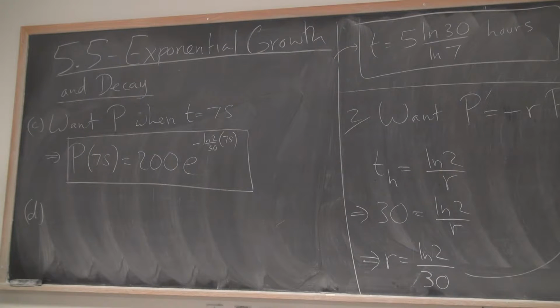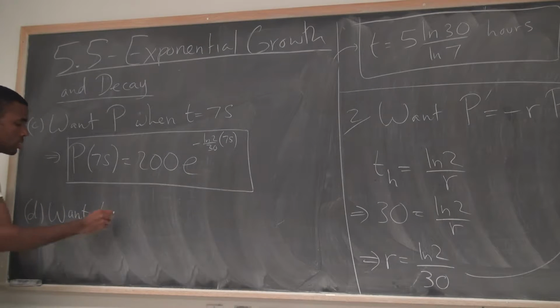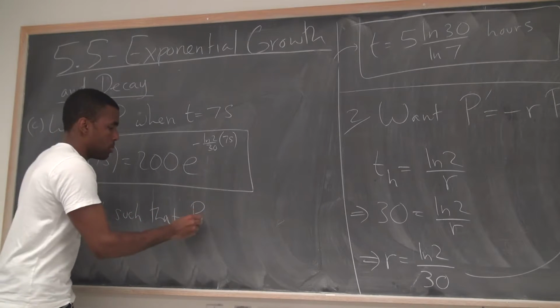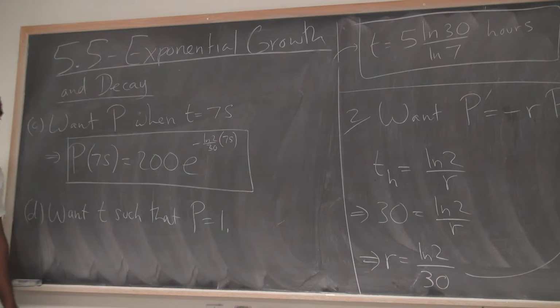After how many years will the mass be reduced to 1 milligram? We want t such that P equals 1.